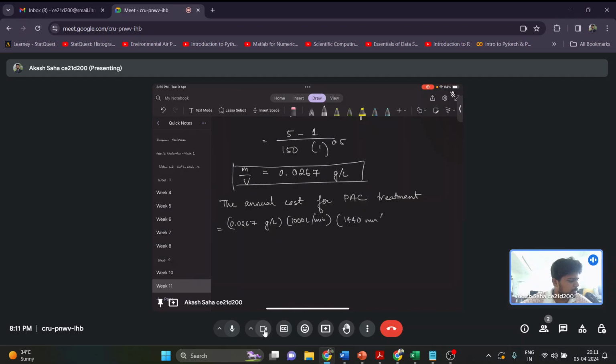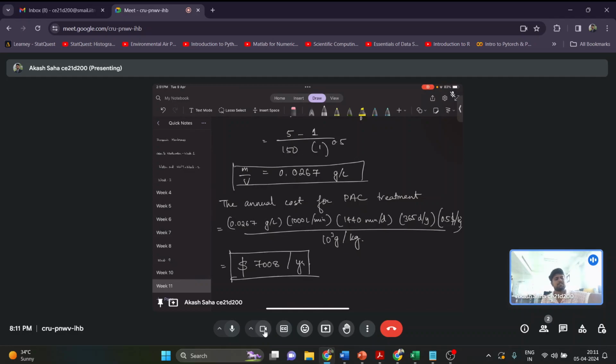We'll just have some unit conversions, and 365 days per year and $0.5 per kg. Okay, and at last we will divide it by 10 to the power 3 gram per kg. So if you do all this calculation, we will get 7008 dollars per year. So total cost is $7,008 per year. So pretty simple problem.